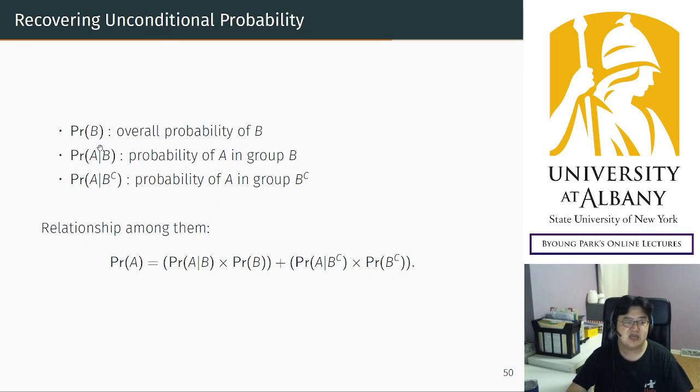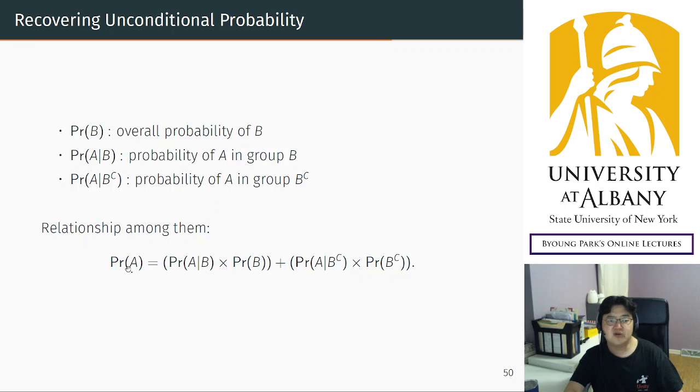Probability of B is the overall unconditional probability of B, and probability of A given B complement is the probability of A among group B complement. I will rephrase the condition this way. Let's interpret the condition as a group. So then you may interpret this formula this way.